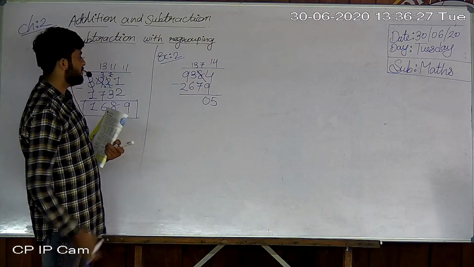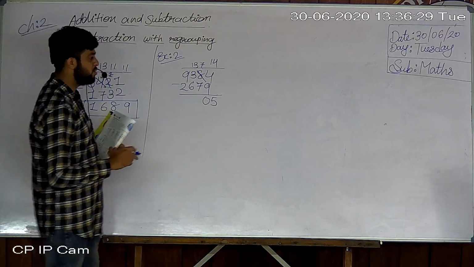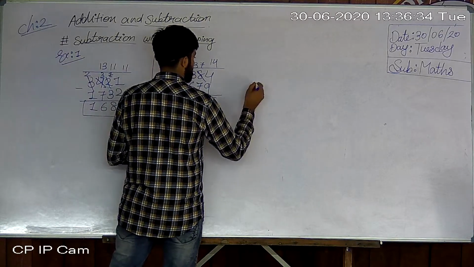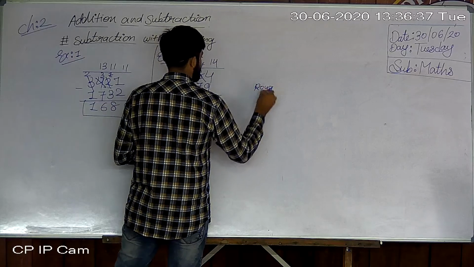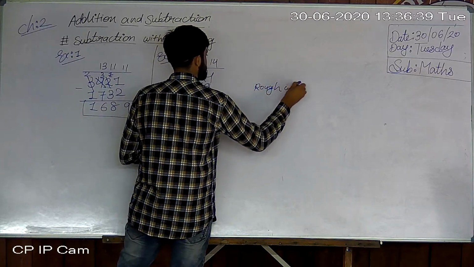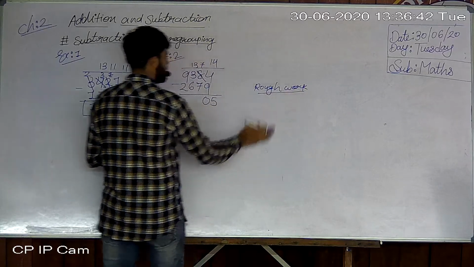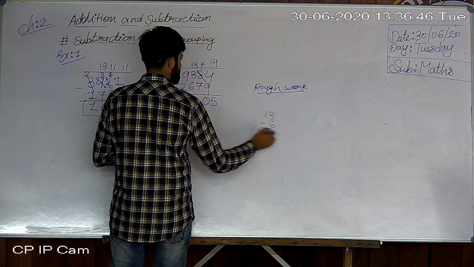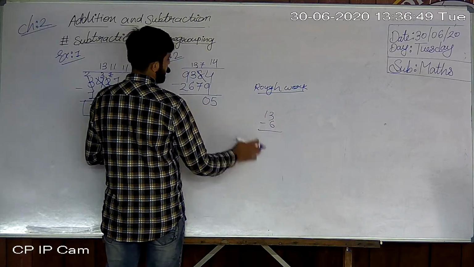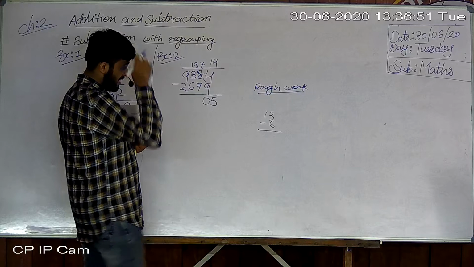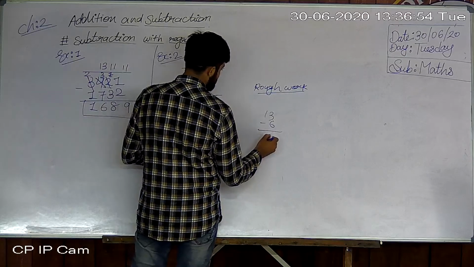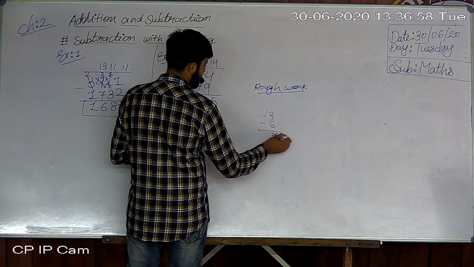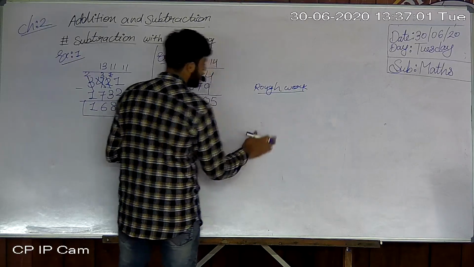Whenever we are doing subtraction, if you cannot do the calculation properly, do it as rough work. Put the heading rough work on another paper and write the rough work there. So 13 minus 6: 10 minus 6, how many left? 4. 4 plus 3 is 7.